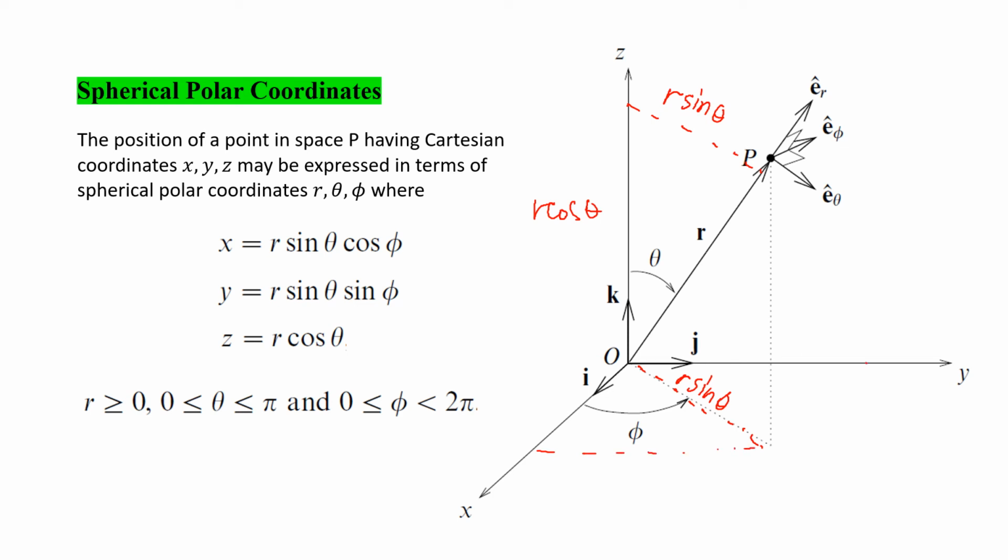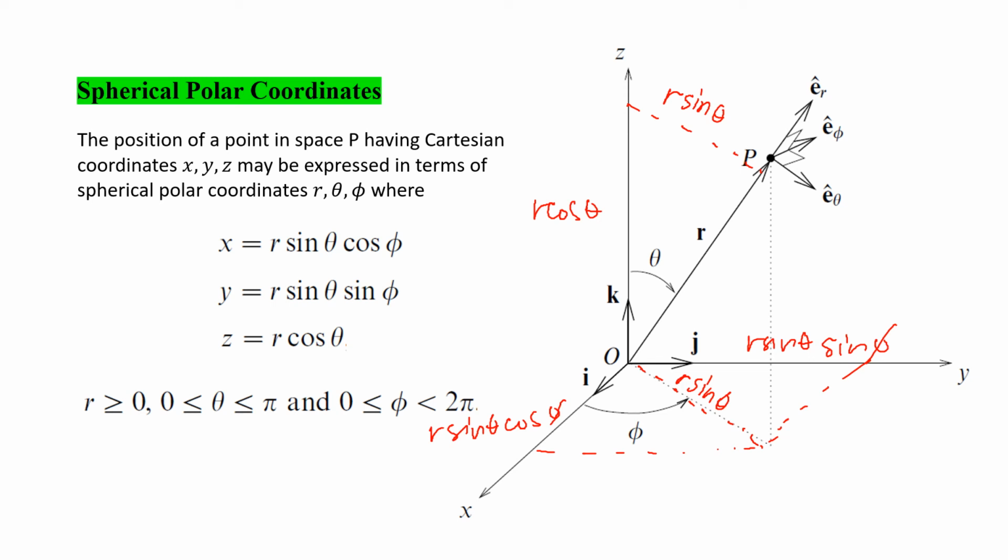Let's also project it in the y-axis. In the x-axis, you have your r sine theta cosine phi with respect to the angle phi, and then in the y-axis, we have r sine theta sine phi, where here your r sine theta is the hypotenuse of your line projection on the xy plane.